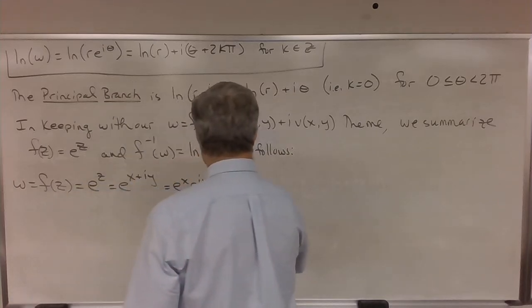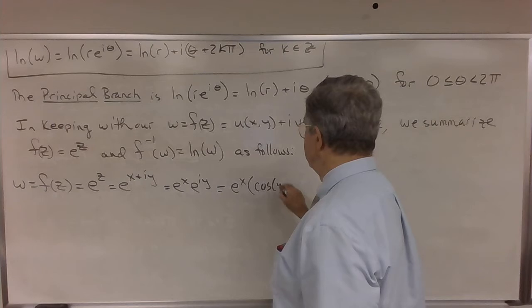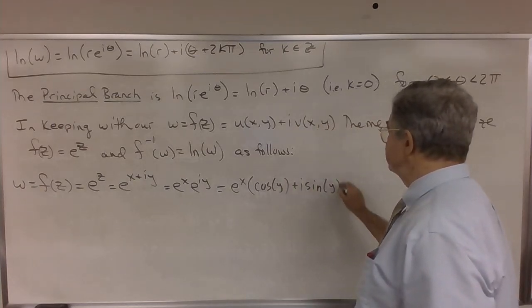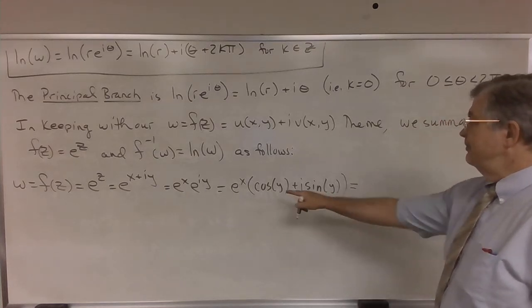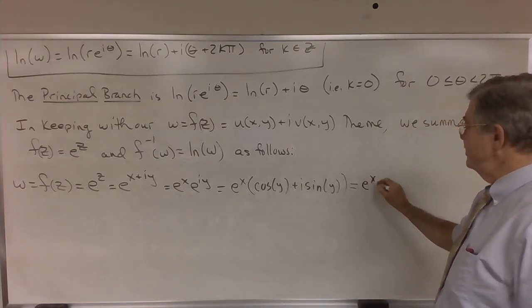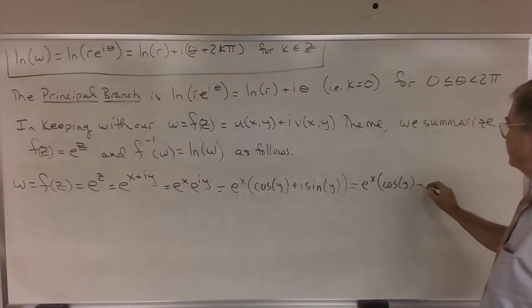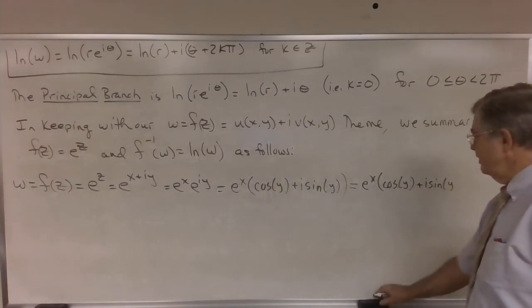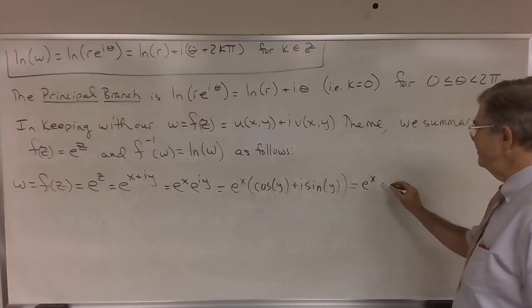And that turns out to be e to the x times cosine of y plus i sine of y. And we can distribute the e to the x into the parentheses.